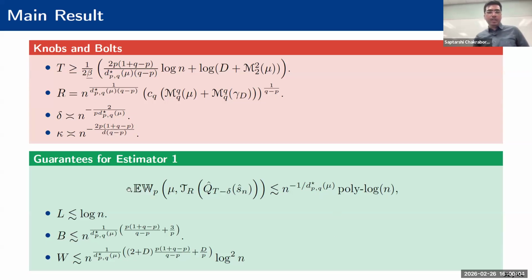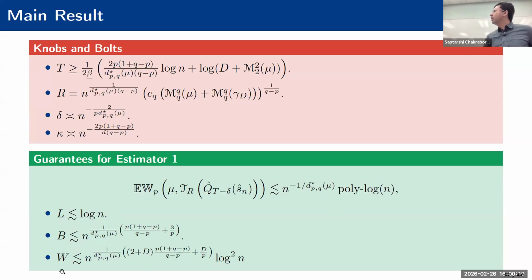We can also give a sufficient condition on the network size, meaning L should scale with log n, B scaling with some polynomial of n, and W also scaling with some polylog of n.